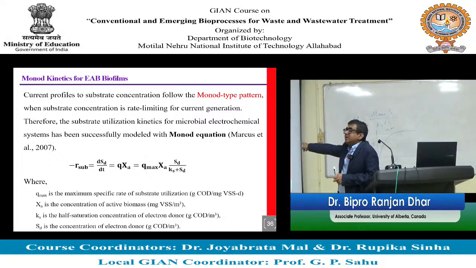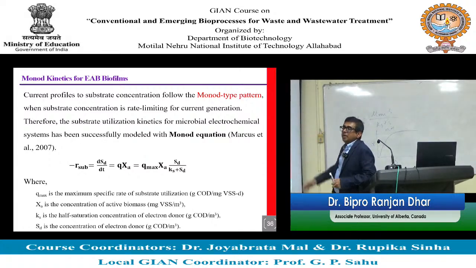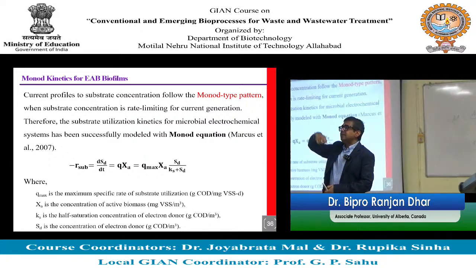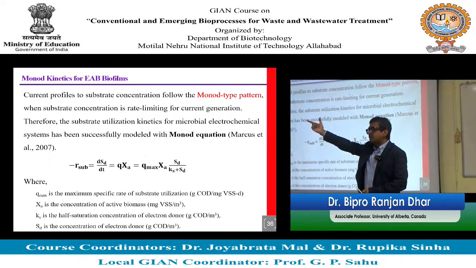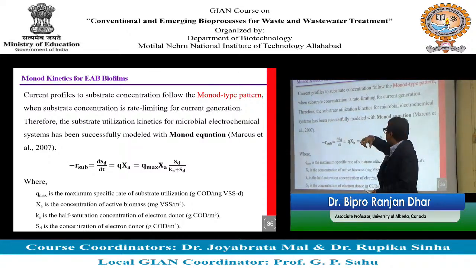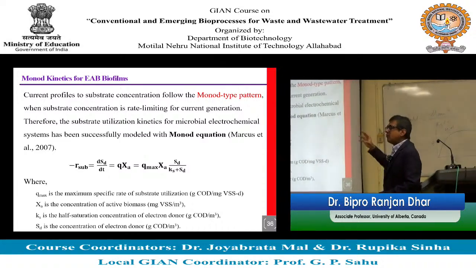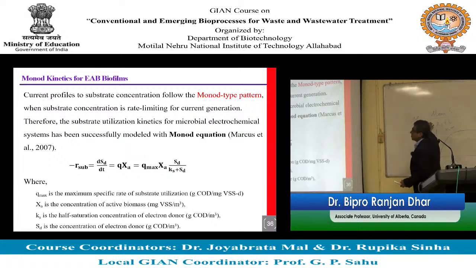One of the outputs from the system is current density. Microbes oxidize organic compounds and then produce current. So researchers are trying to see, if substrate is the only rate-limiting part, whether we can describe this system using the Monod equation or not.